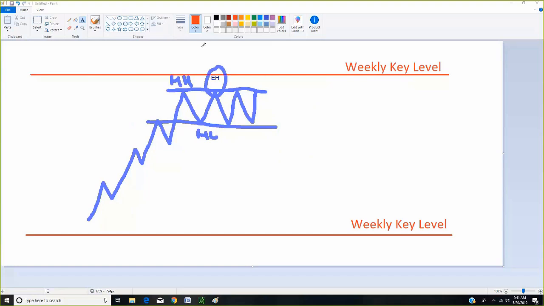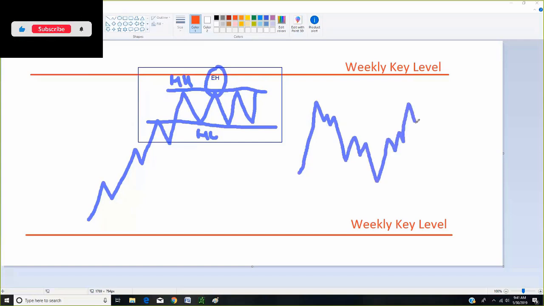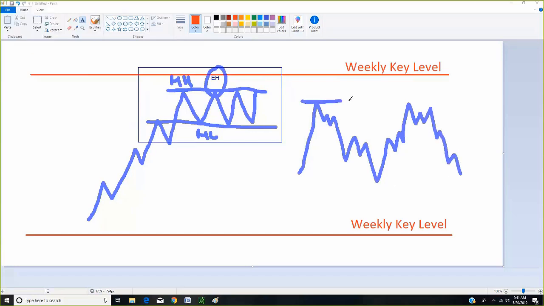Now, again, in a perfect world, it will look just like this, bouncing beautifully off of resistance down to support, just this beautiful channel. But this isn't the perfect world. You and I both know a lot of times it looks like this, right?